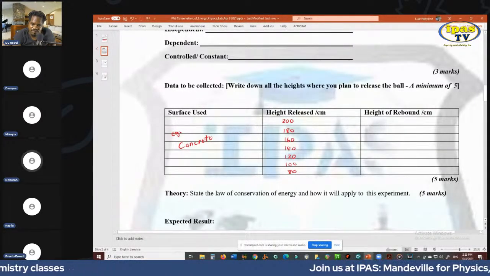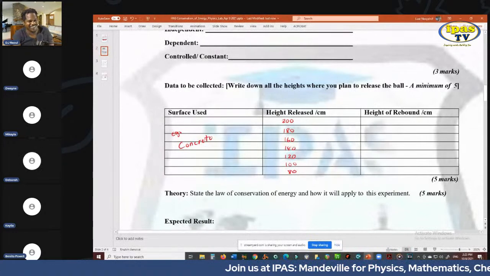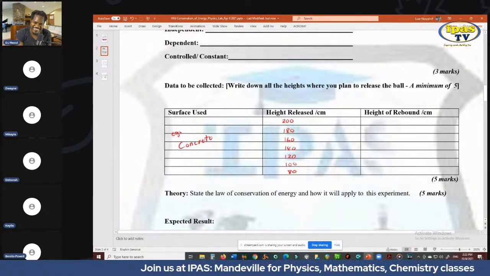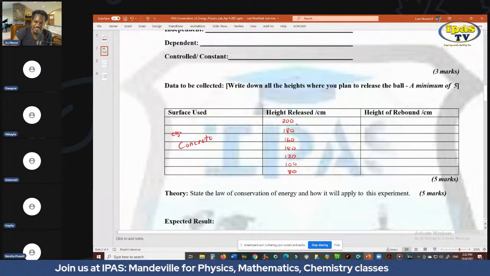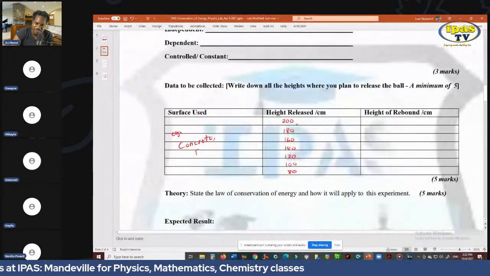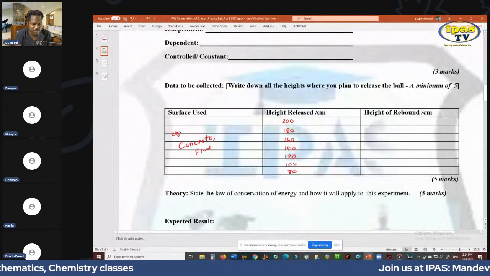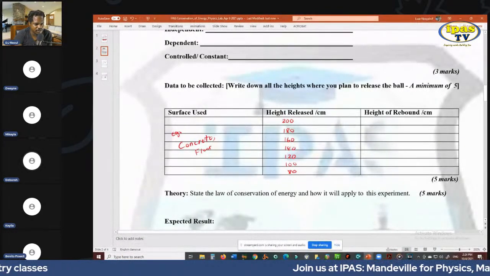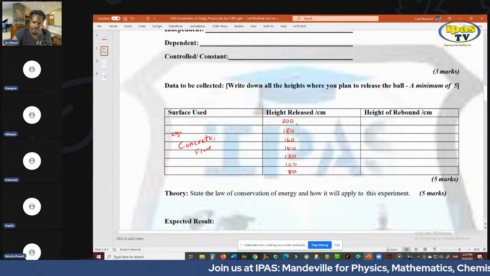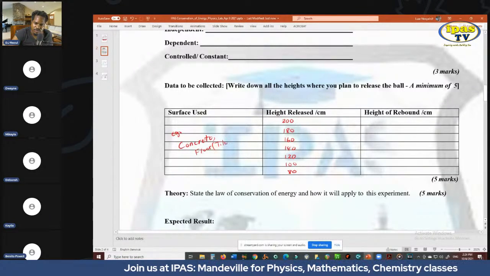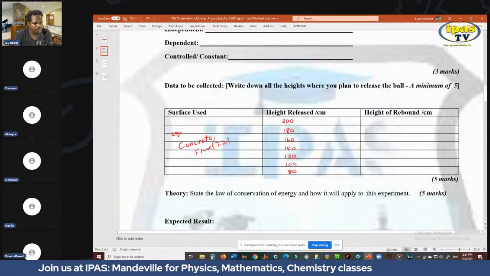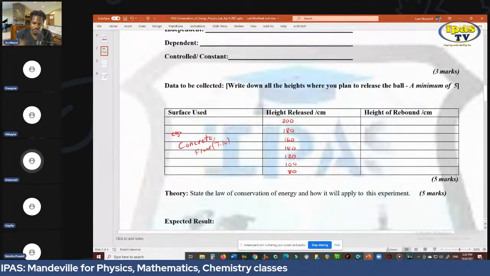Concrete. All right, and you could use a floor. A floor could be made from concrete though, but anybody like a tiled floor? Well, yeah, let's call it tile. Board.